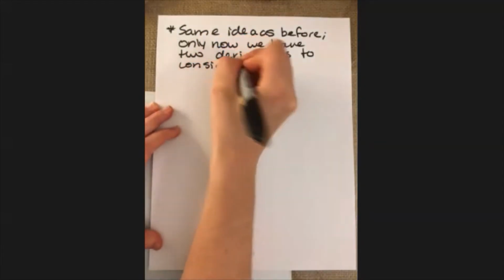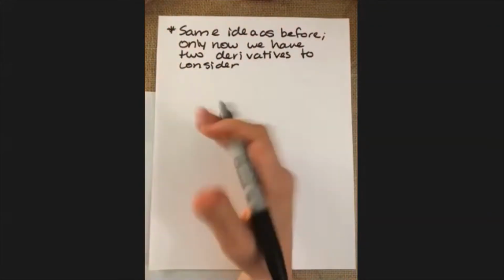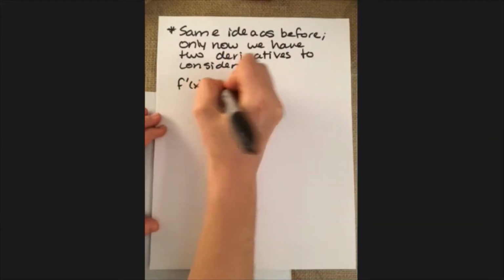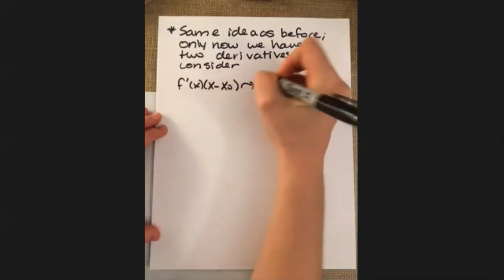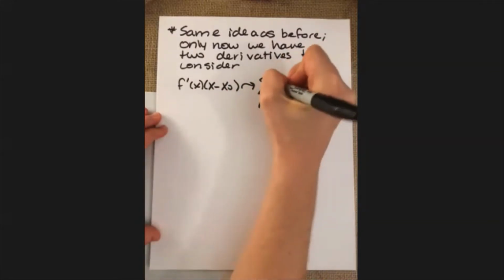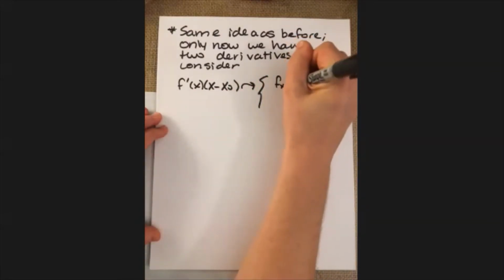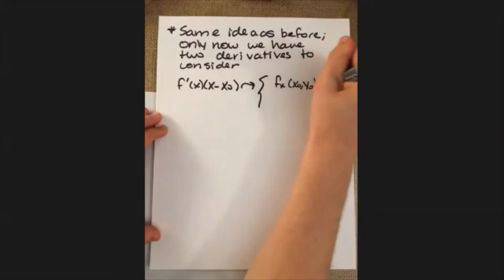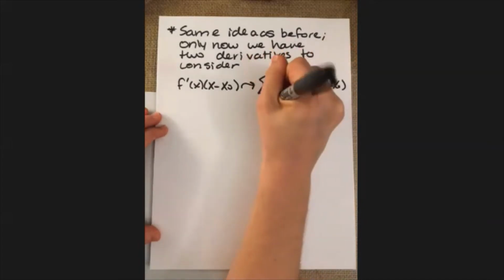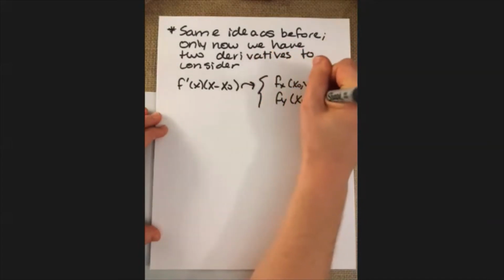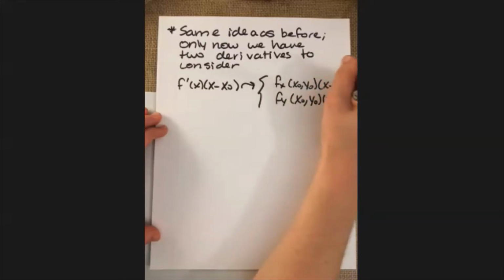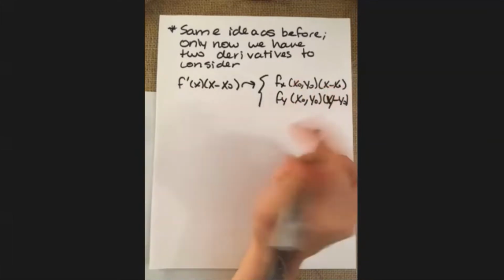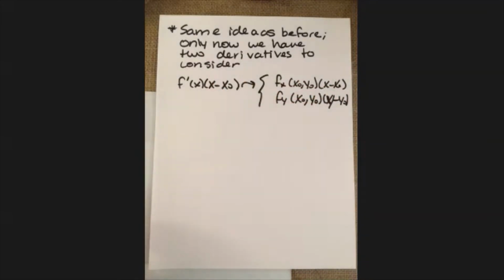Whereas in the original tangent line equation we had f prime at x naught times x minus x naught, now that we have 2 dimensions to consider, this turns into f sub x at x naught, y naught times x minus x naught, and then that other piece with the other partial derivative, f sub y times y minus y naught, just like so. Okay, so this one piece has just been split into 2 because now we have 2 derivatives, but everything else is really just the exact same idea.